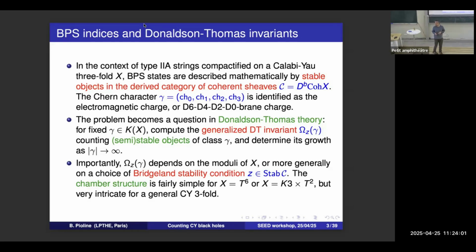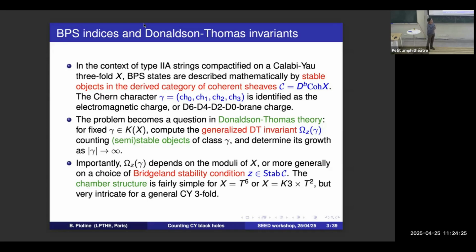Is there a way to see why this gamma equal to infinity limit is stable? No, so for any such gamma, you have to compute the stable objects in this category. So in general, this category describes multi-particle states, and you're looking for the bound state spectrum. And yeah, that's the main source of the difficulties.